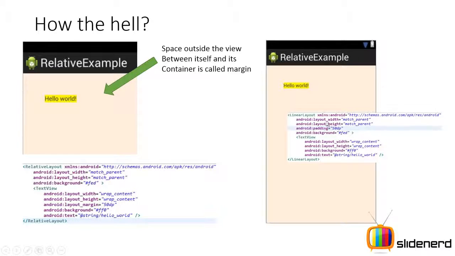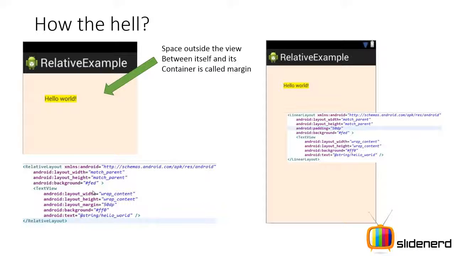So in this case, it's the linear layout that is pushing the text view inside by 50 dp from all four sides because of the padding. And in the other case, the text view itself is requesting that everybody stay away from it by 50 dp, and that's what the layout margin does. But they look the same. So remember, Android padding applied to the parent looks the same as Android margin applied to the child, if the values are the same for both of them.